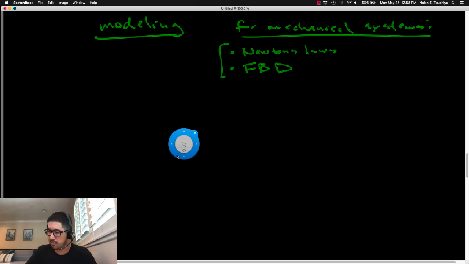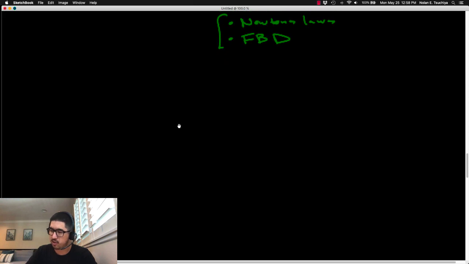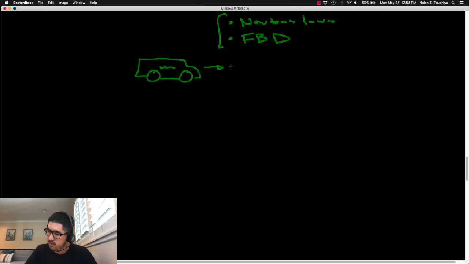Let's look at an example. Okay, so let's go back to the same system that we actually just sketched out above, and that's the example of the vehicle. Right, so in the vehicle system, the output is the velocity. The input is basically a forward thrust provided by the engine.